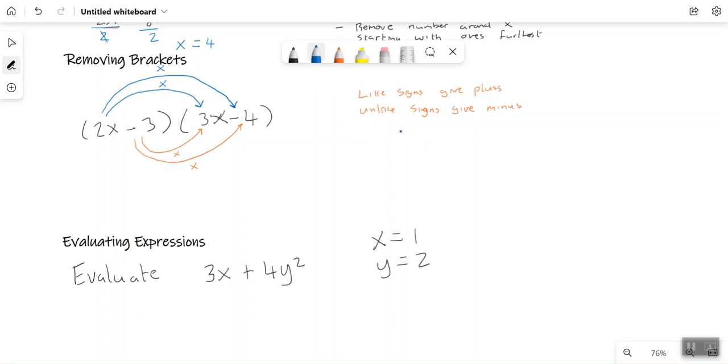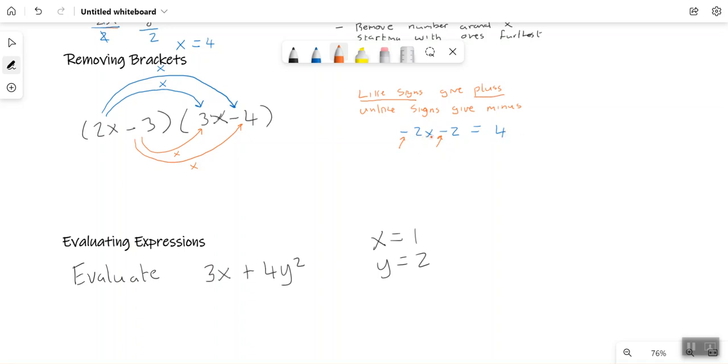If I have minus 2 multiplied by minus 2, that's going to be equal to 4, or positive 4. So that's like signs. When we talk about signs, we are talking about these guys here. This is a negative integer, and this is also a negative integer. These two signs are the same, they're like signs. So like signs give plus, as in the answer is positive.